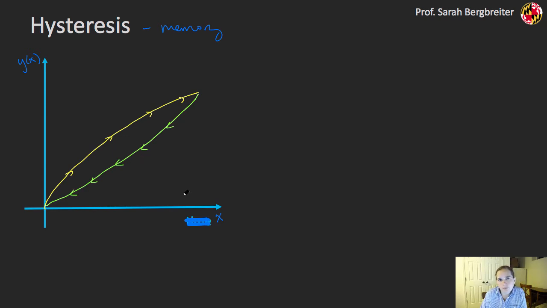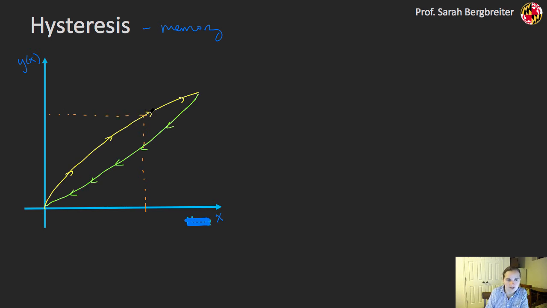Okay, so the problem if I have a sensor that has a fair amount of hysteresis in it, if I'm trying to make a measurement and I'm applying some known x here, then I could have two different outputs depending on what my previous input was into the sensor.